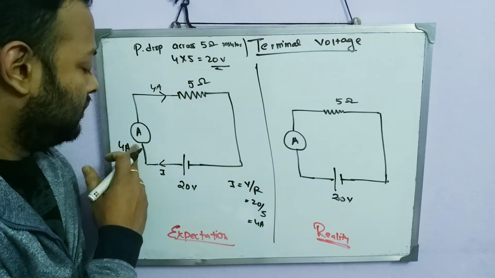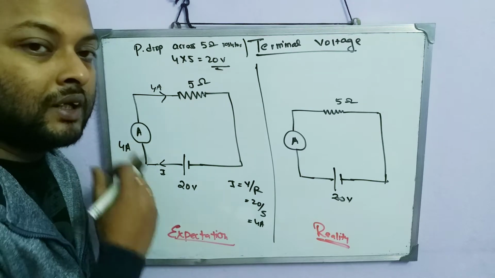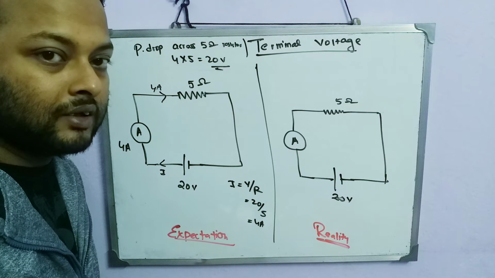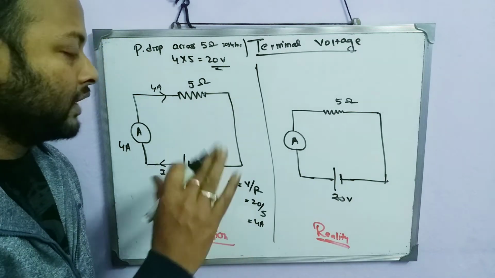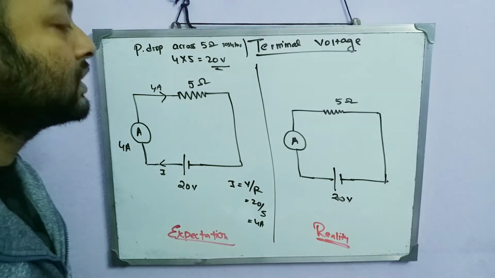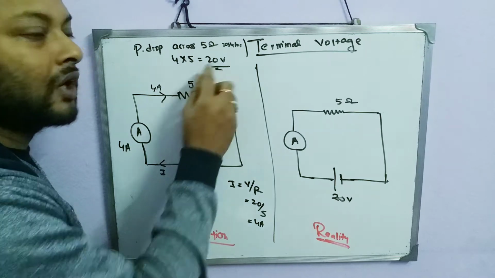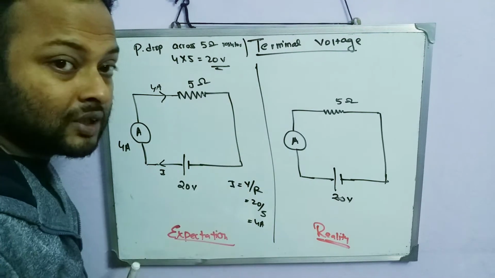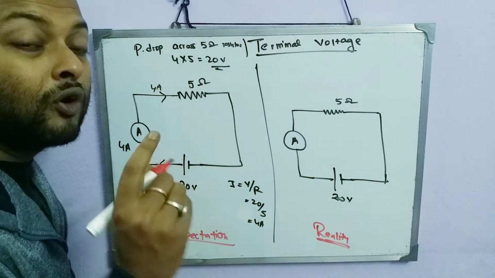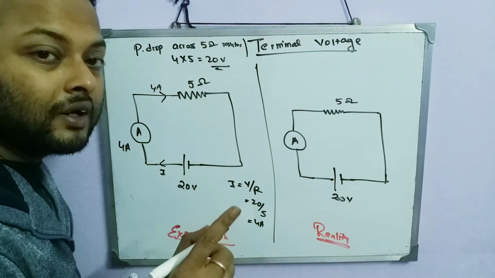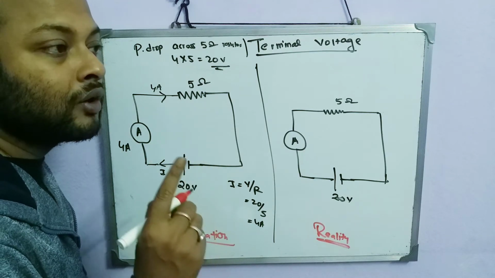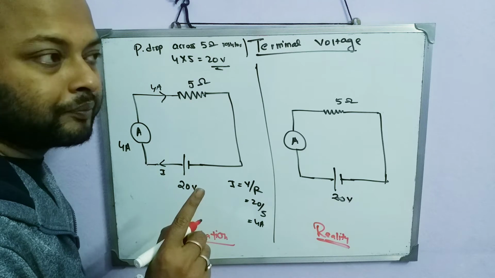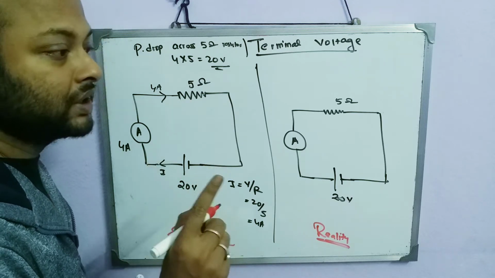Now what we get to see is that we expect this ammeter will be measuring 4 ampere. We expect that the potential drop across this 5 ohm is 20 volt, and we can measure this also. That is why we will use a voltmeter. A voltmeter is a device which can measure potential drop.